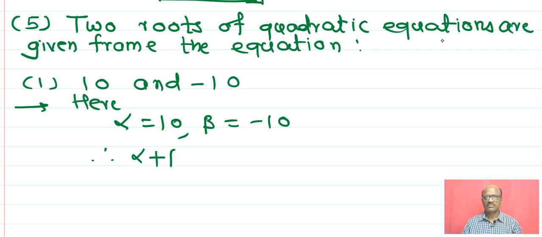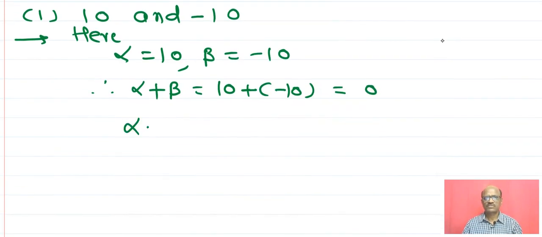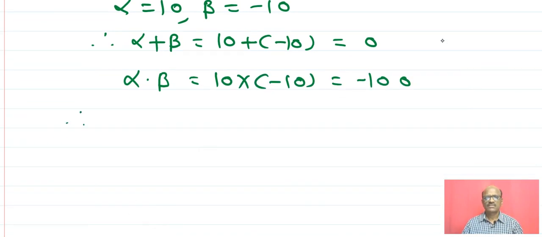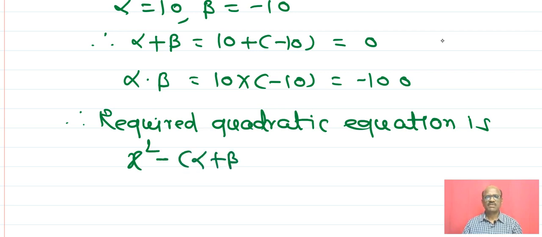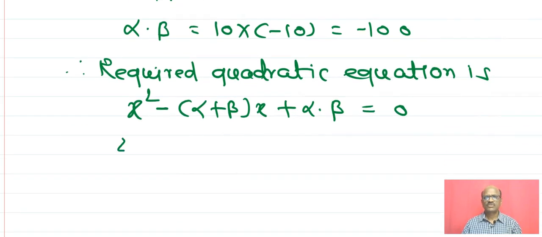Therefore, alpha plus beta is 10 plus in bracket minus 10 equals to 0. And alpha into beta is equals to 10 into minus 10 is equals to minus 100. Therefore, the required quadratic equation is x square minus in bracket alpha plus beta into x plus alpha into beta equals to 0.